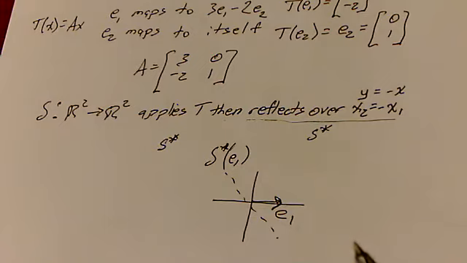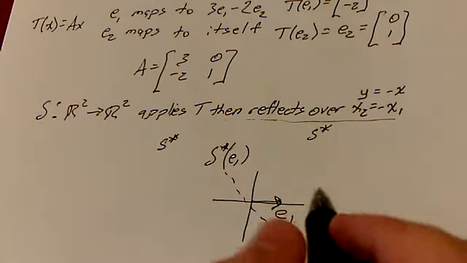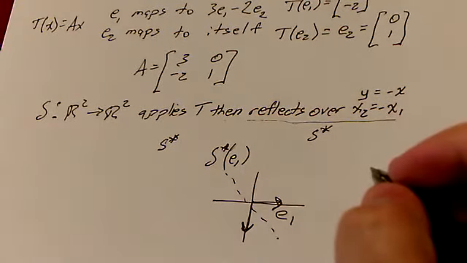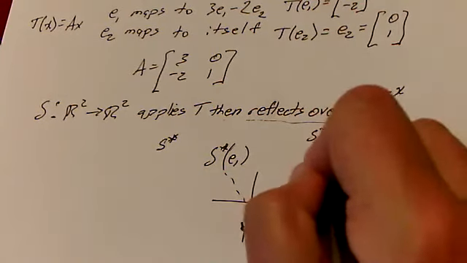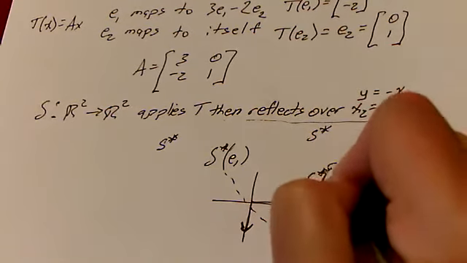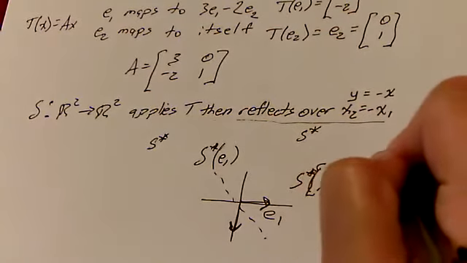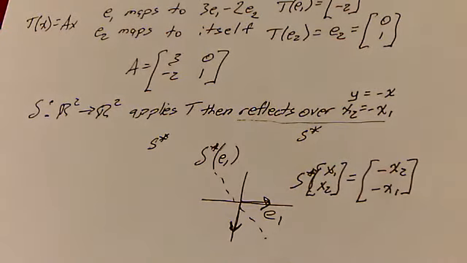So it's going to flip the coordinates and make them both negative. I go from (1, 0) down to (0, -1). If I take S star of (x1, x2), my standard x vector, it's going to give me (-x2, -x1). So it makes them both negative and flips their position.